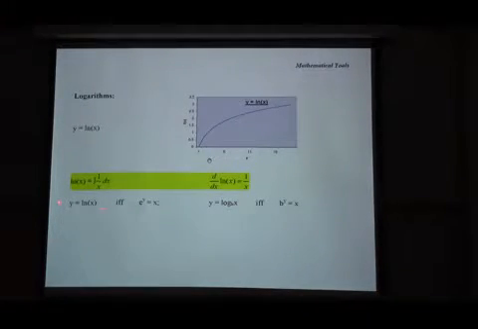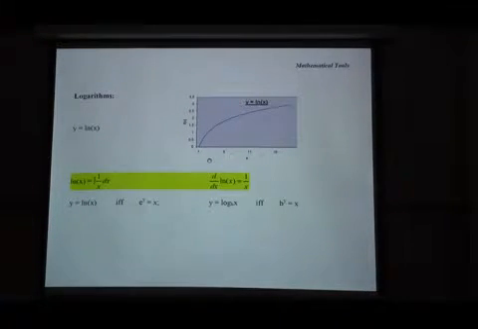So y is equal to natural log of x. If we have this function, this is true if and only if e to the y is equal to x. So natural log of x is asking e to what power is equal to x. And if we have a log, ln means log base e.